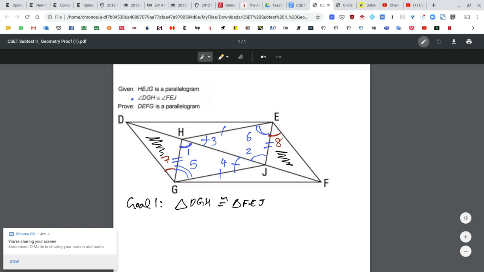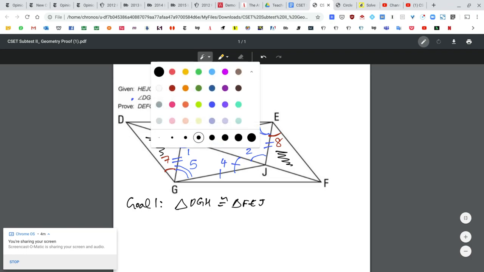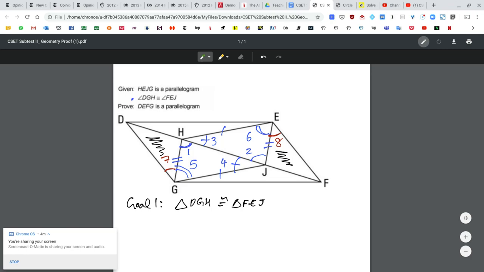Because I have a diagonal DF, I can also demonstrate that the corner angles, which I'll label here, 9 is congruent to 10.